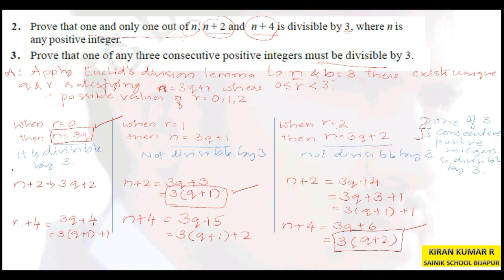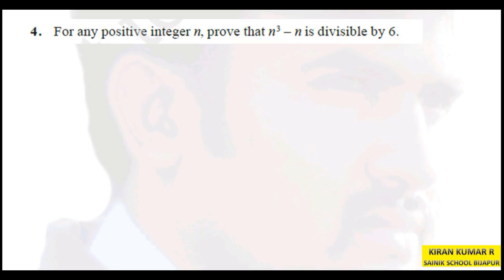Till this part, it's an answer for the third question, and the complete answer is an answer for the second question. Let us consider the fourth question. For any positive integer n, prove that n cube minus n is divisible by 6.